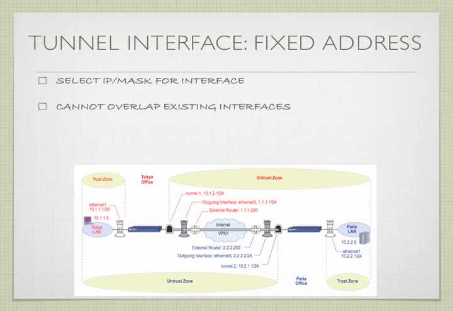That's going to be a subnet conflict, and by default, ScreenOS wants every interface to have an independent subnet. If you want to put them together, you would put them into a bridge group. You can override that setting, but that can cause routing problems. So you generally want to stick with no overlapping subnets.